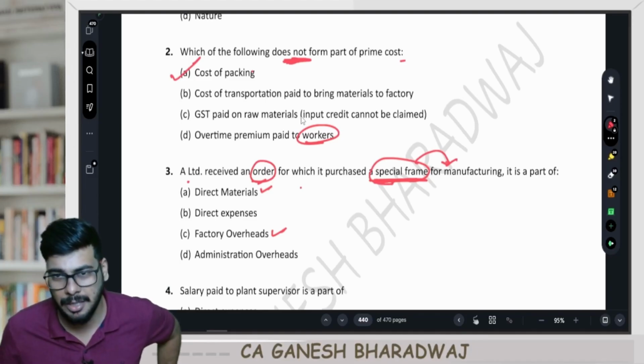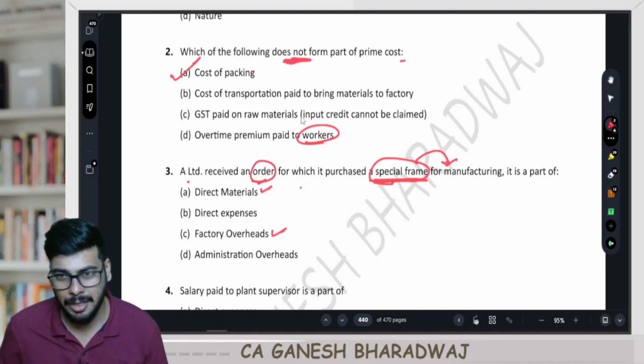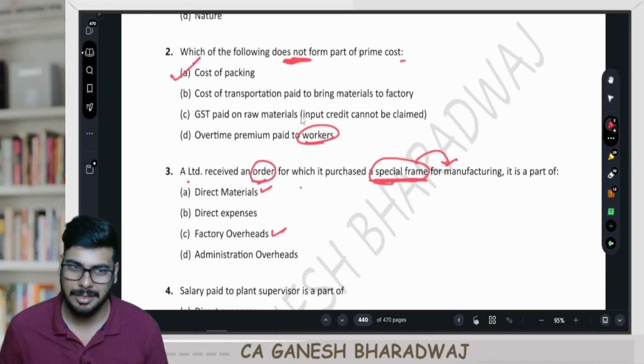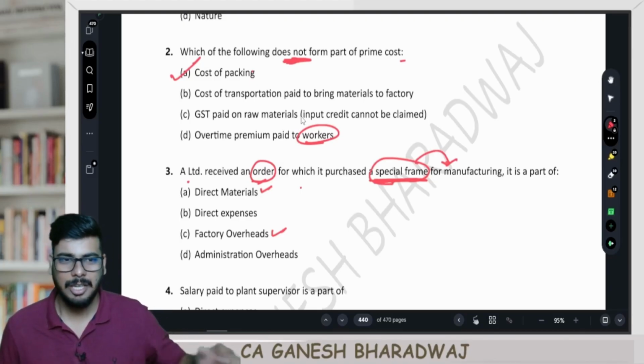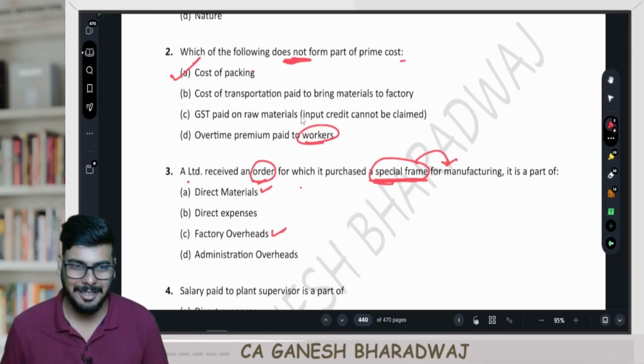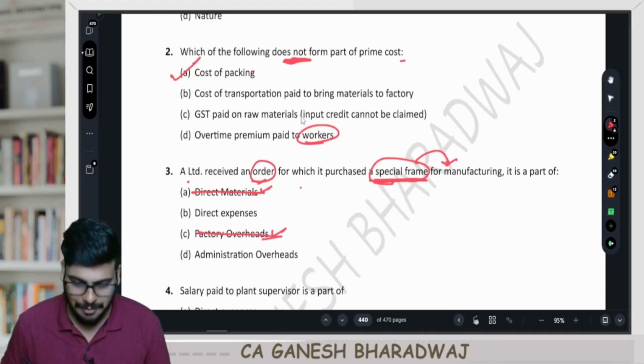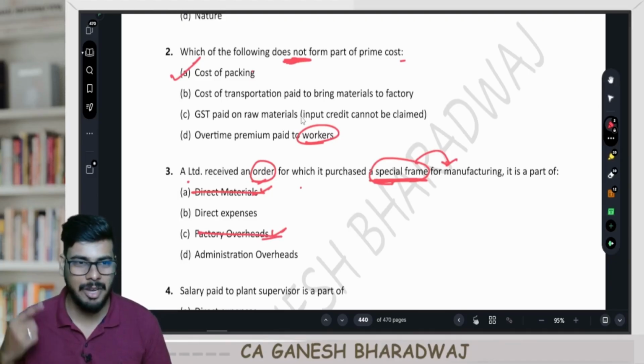Now you tell me. Guys. Factory overheads, direct material. You want 50-50 option? It is not direct material, it is not factory overheads. Think, guys, think. We have done this.